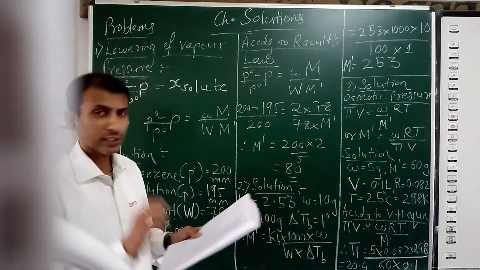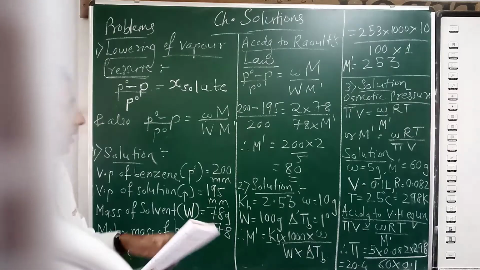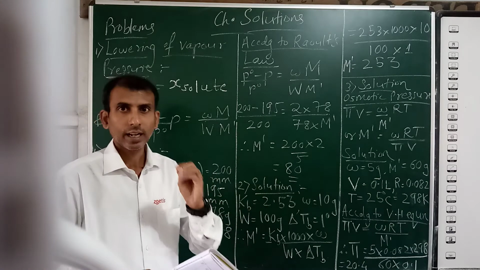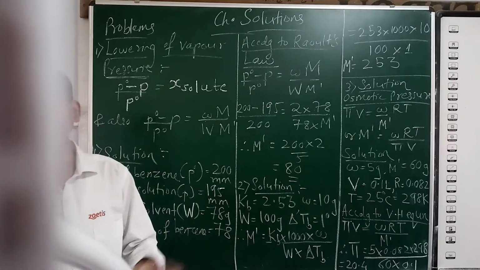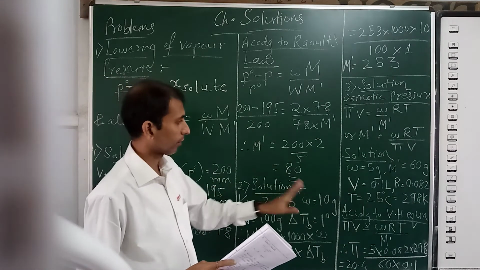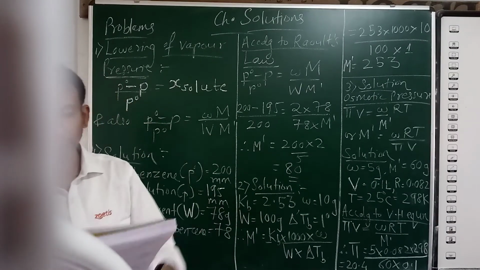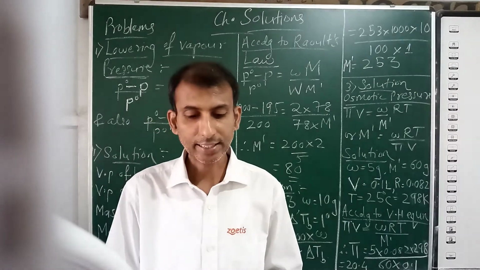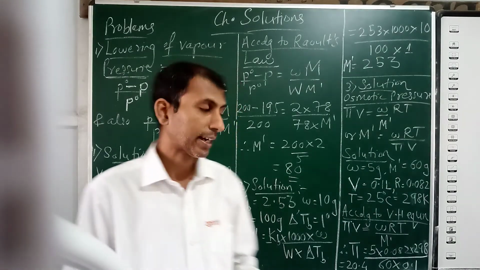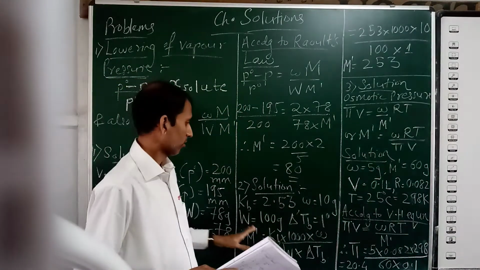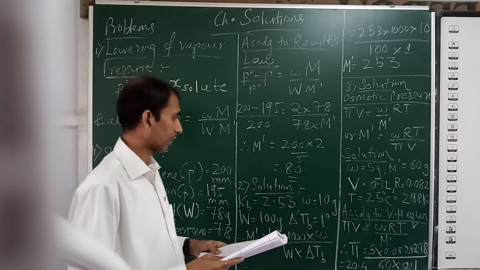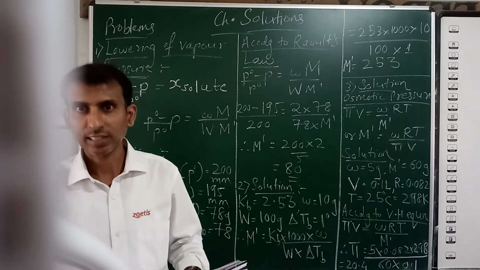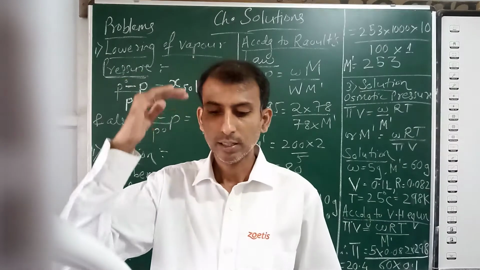Once you see Kb is given, it's very clear that the numerical is based on elevation of boiling point. Now you write down the data. First you will write down Kb 2.53. What is the mass of solute given here? 10 grams of non-volatile solute. Capital W means mass of the solvent, benzene 100 grams. And there is elevation in the boiling point.